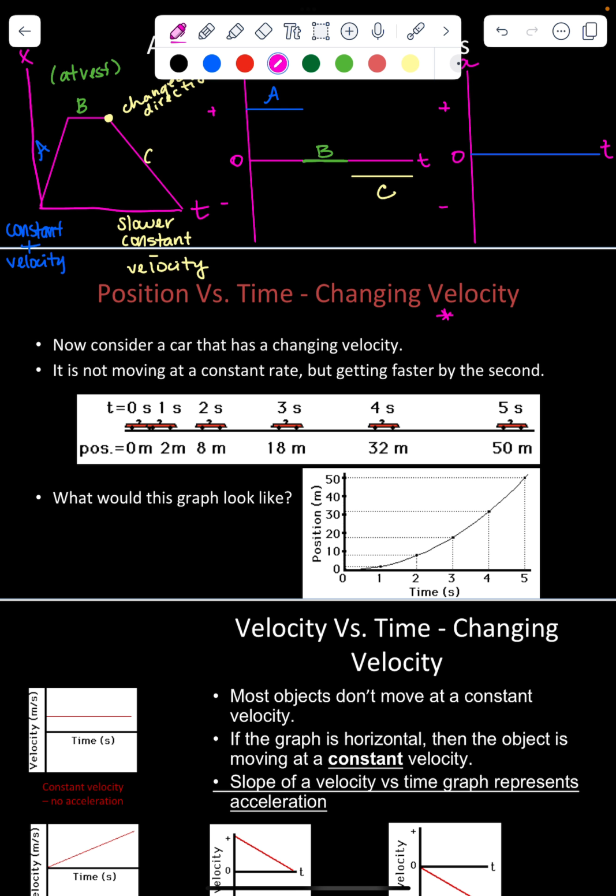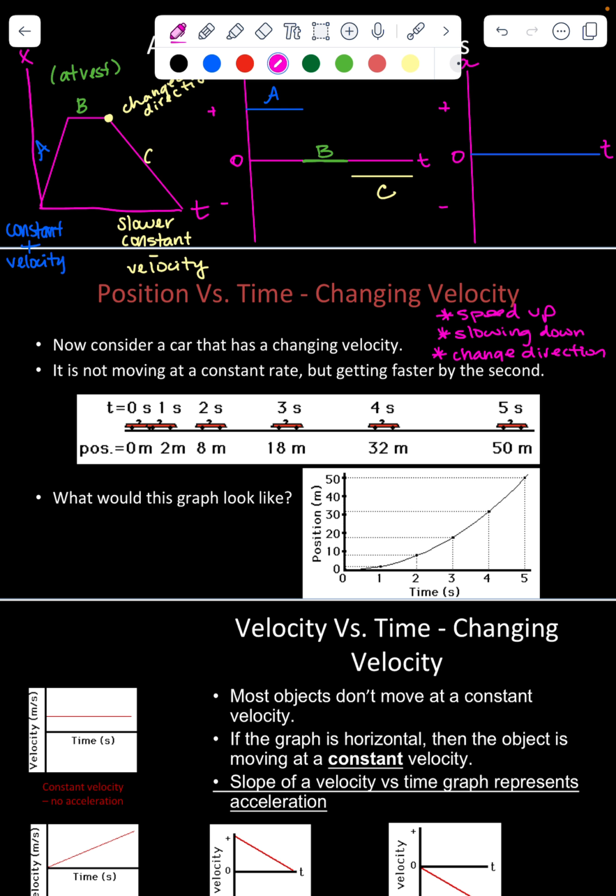There are 3 ways to have acceleration. We can be speeding up, we can be slowing down, or, because acceleration is the change in velocity over time, and velocity is a vector quantity, meaning it has direction, if we also change direction, that is also a type of acceleration.